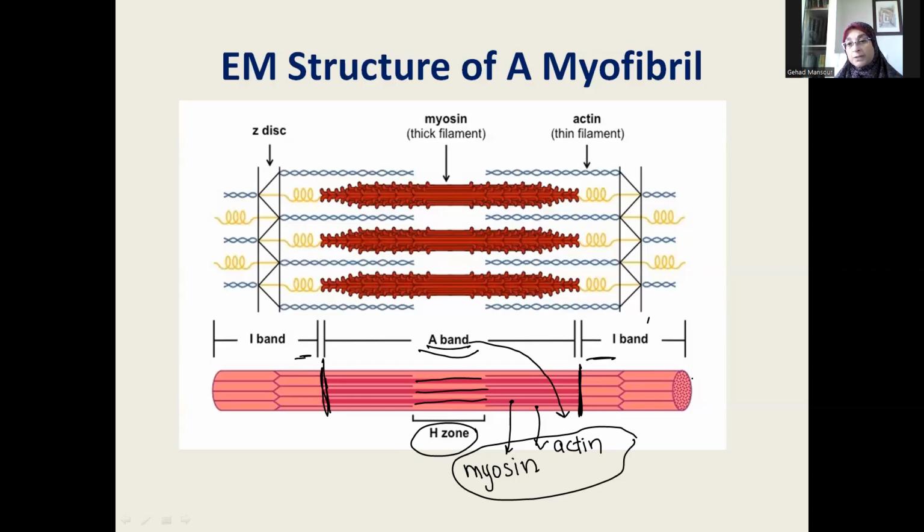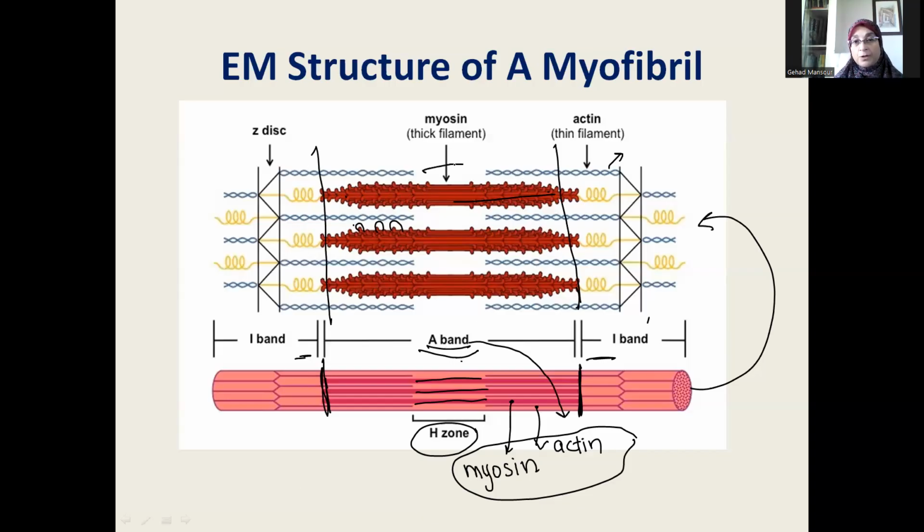If we enlarge this more and look at the molecular representation of the myofibril, this is how you can see the myosin filaments with their myosin heads under the electron microscope. And this is how you can see the actin filaments. As you see, this part starting here and ending there corresponds to the dark band or the A band.